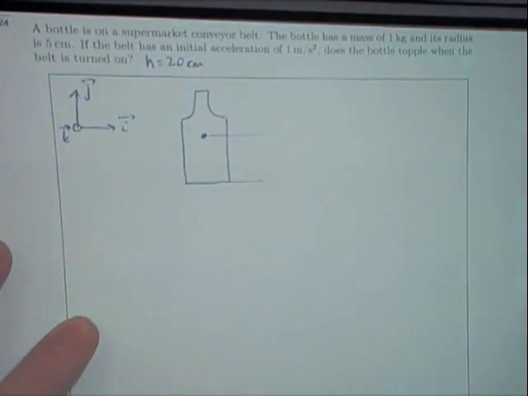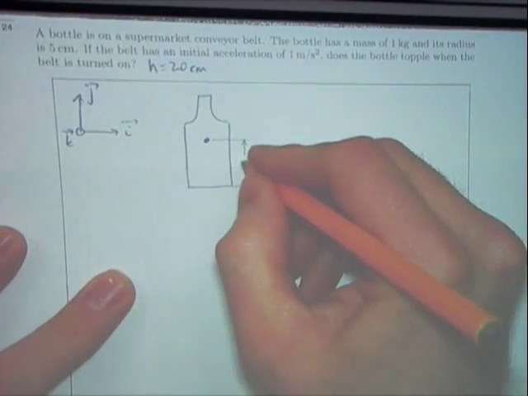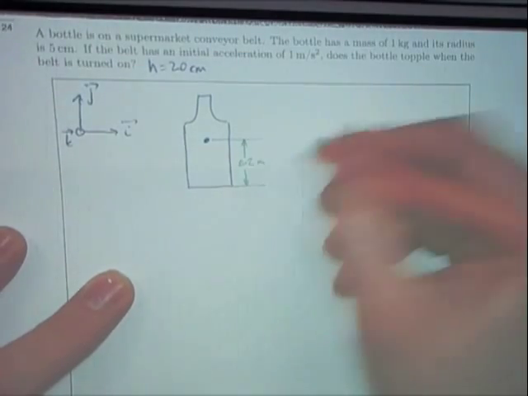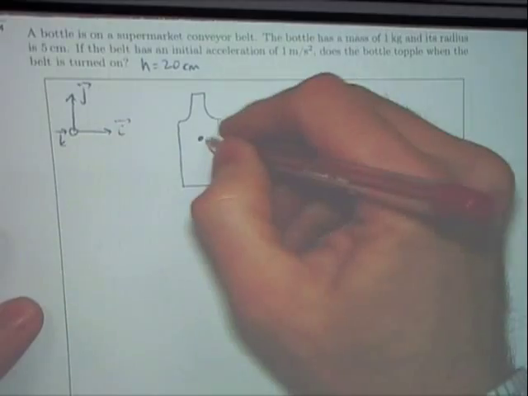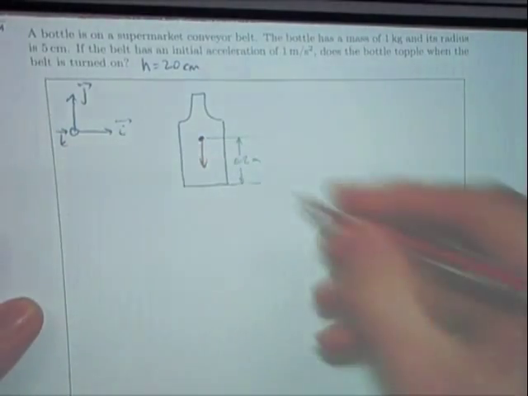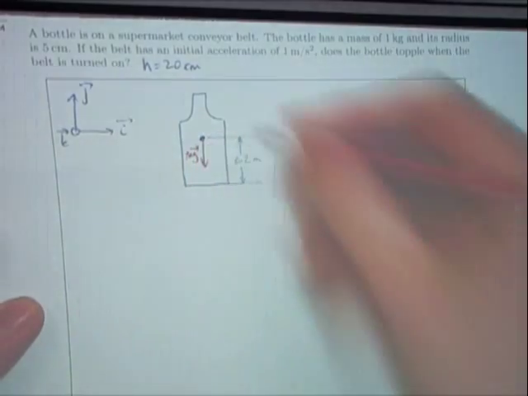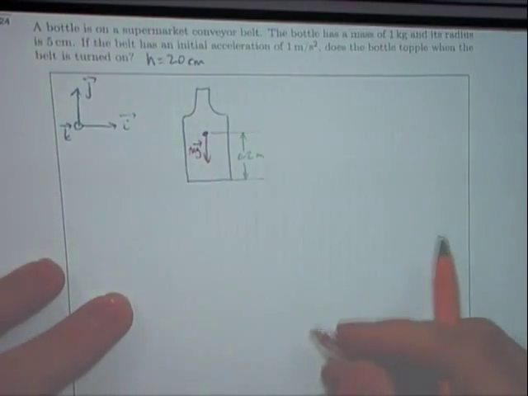I'll draw the dimensions in green so they're clear. Obviously there's going to be a force of the mass. That's mg. We've got a normal reaction force.